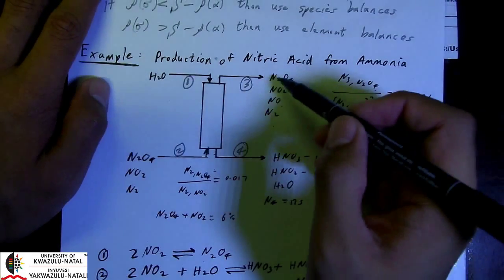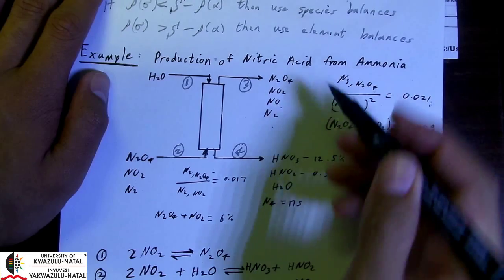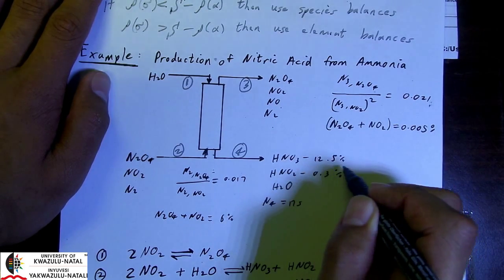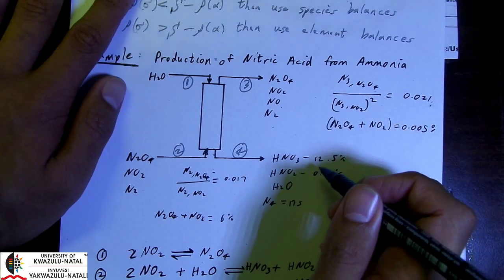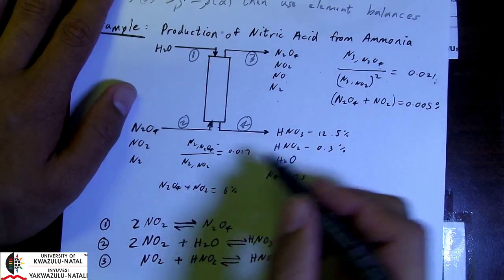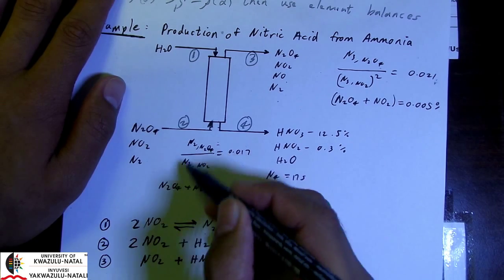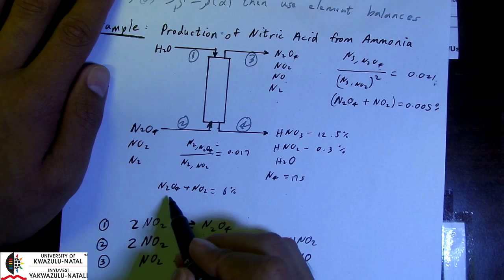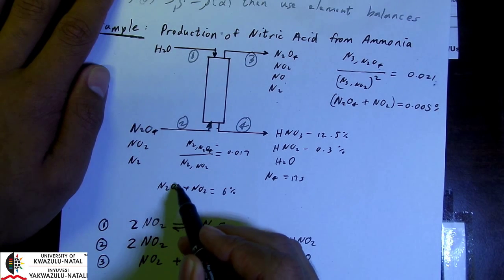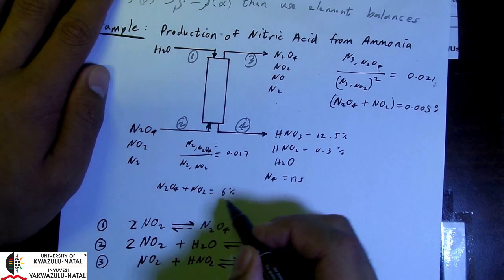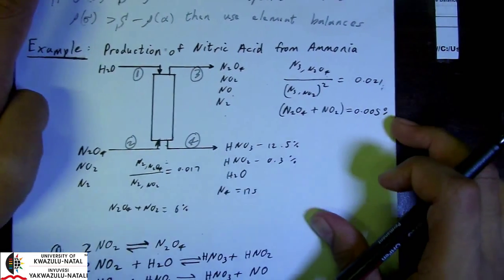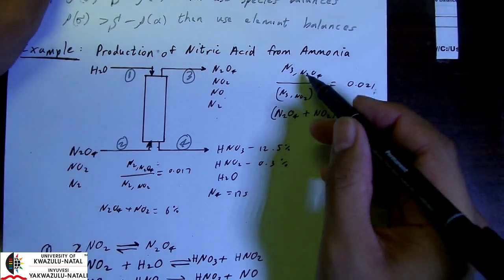And we have our two output streams, where we have our nitric acid coming out in stream 4. We are being given some subsidiary relations here, the following subsidiary relation, as well as a summation: N2O4 plus NO2 is equal to 6% in composition. And we have the following ratios.